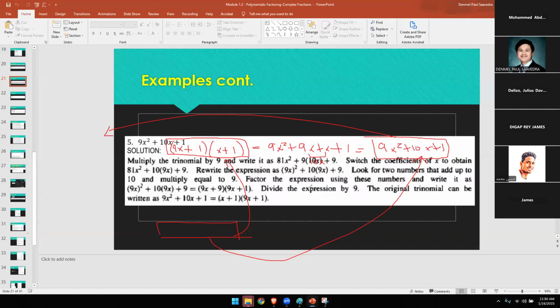So for now, just practice. No assignment. We'll just continue this, and once we're done with module 1.2, let's have a quiz again on Tuesday or Wednesday. We'll see when we will be able to finish module 1.2.